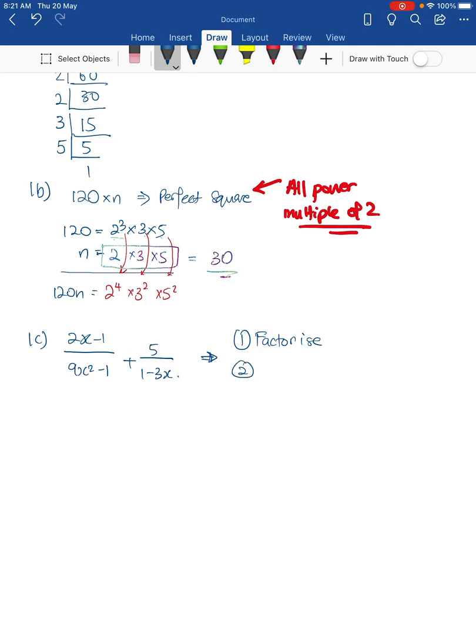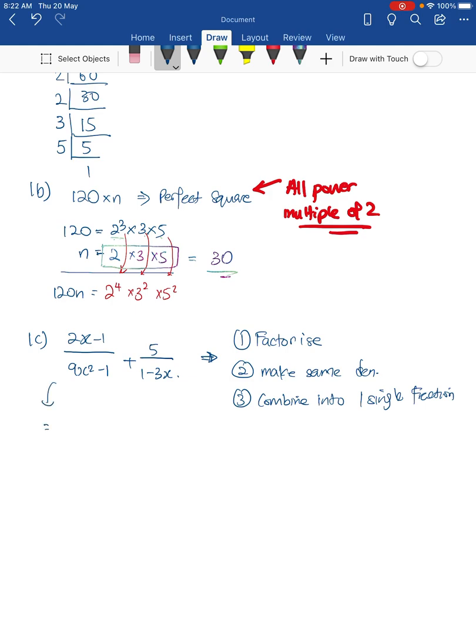After you factorize, make the same denominator, and after that combine the two fractions into just one single fraction. Let's try it out for this question.